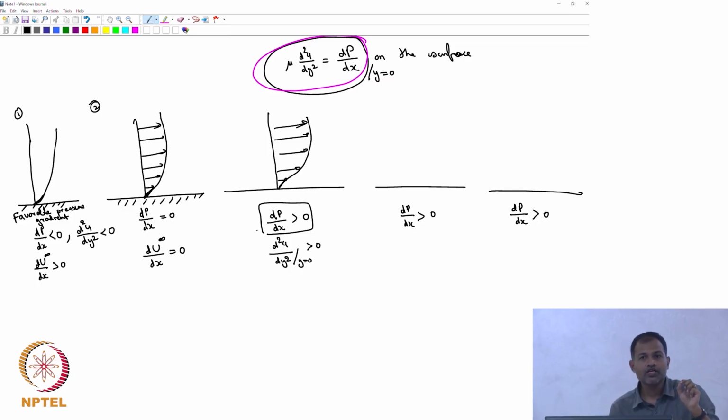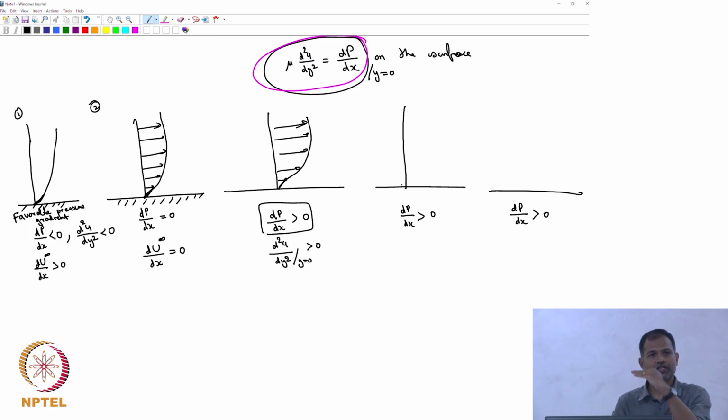That would happen when u decreases along the x direction. U will decrease along the x direction when it is a diverging section. So if you have a diverging section, then you should expect the velocity profile to curve in a different way. Is that okay? So if dp by dx is even larger, what would you expect?